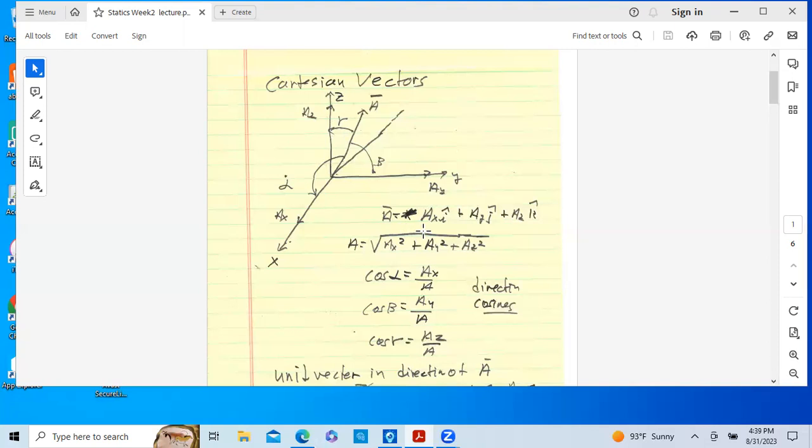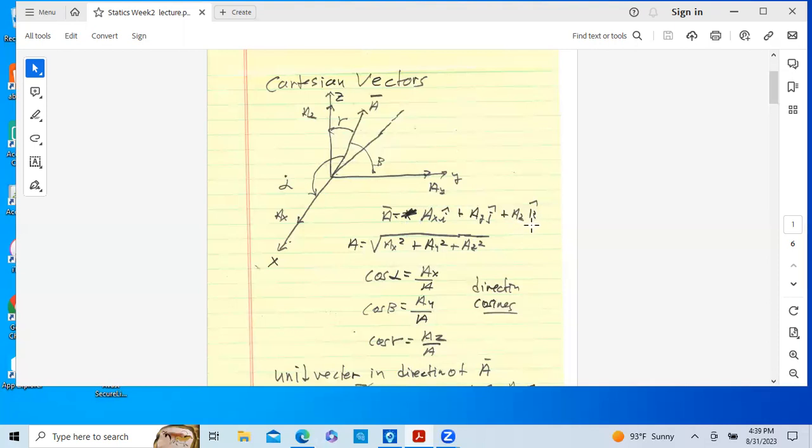We've talked a little bit about the unit vectors. The x-axis unit vector is i, the y is the j unit vector, and the z is the k unit vector. So I can write the vector A as the magnitude A sub x i plus the magnitude of A sub y j plus the magnitude of A sub z k.